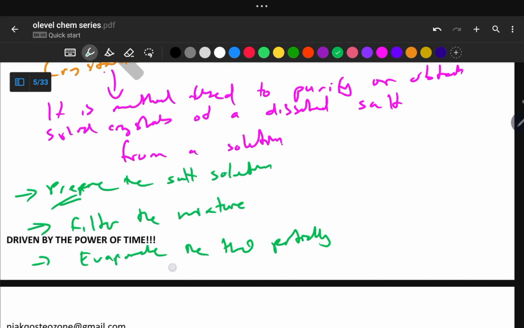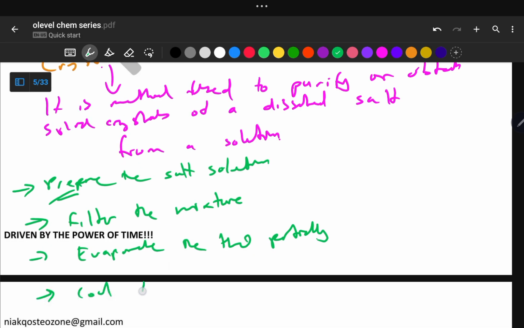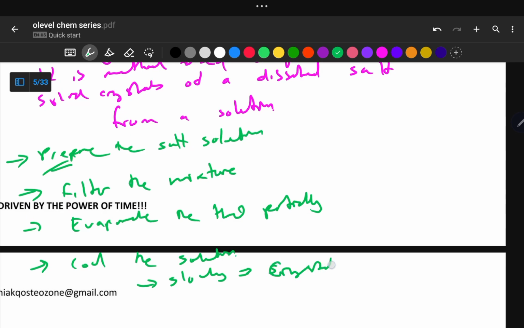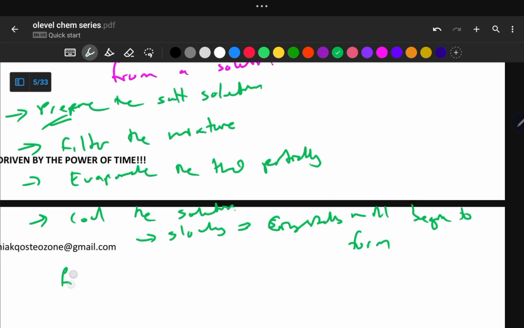And the next thing, we are going to cool the solution, right? The solution is going to cool slowly so that the crystals will begin to form, right? And then lastly, we're going to filter and dry the crystals, right?